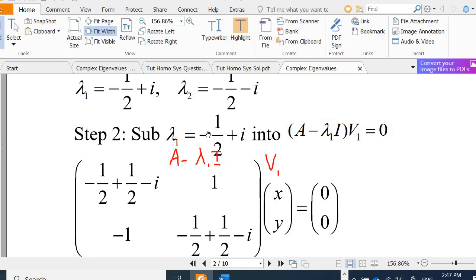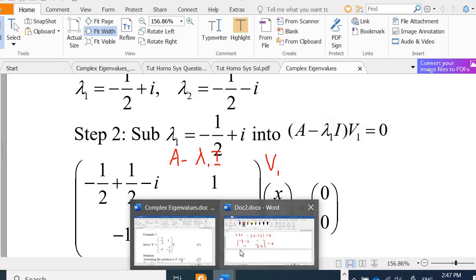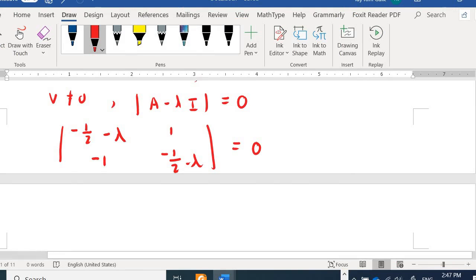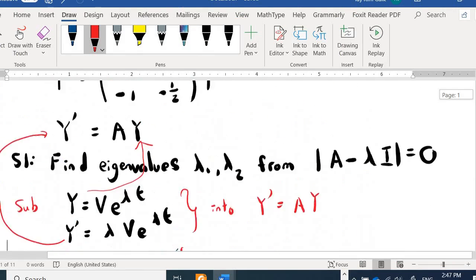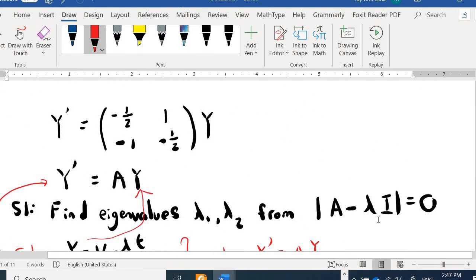And in the YouTube video, I did this. Second step is to substitute your lambda 1 into the homogeneous system, A minus lambda 1 I, V1 equal to 0. In general we have A minus lambda I. Because you got two values, you change lambda to lambda 1, that's step 2.